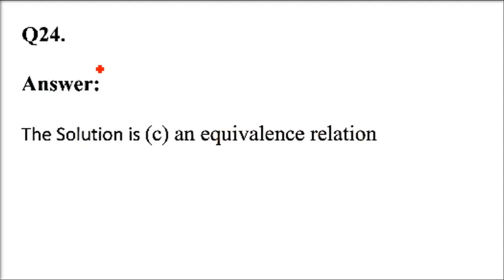Question number 24. R is a relation on the set Z of integers and it is given by (x,y) belongs to R implies |x minus y| is less than or equal to 1. This question we have already done in our exercise, but we are going to discuss it here as well. So |x minus y| has to be less than or equal to 1. Z are integers.